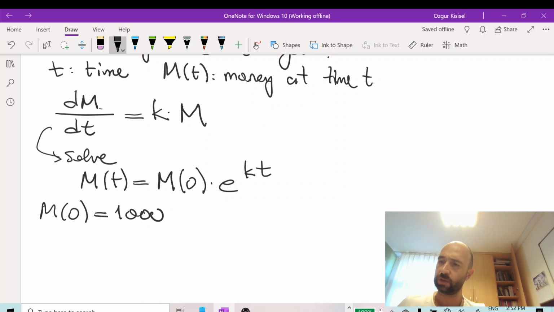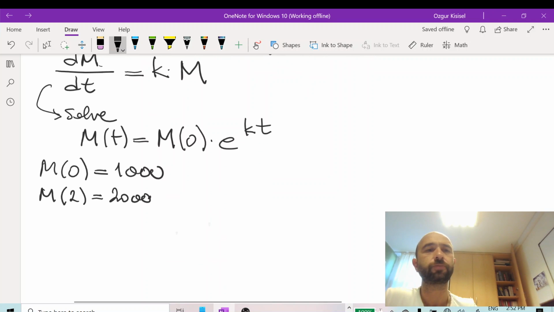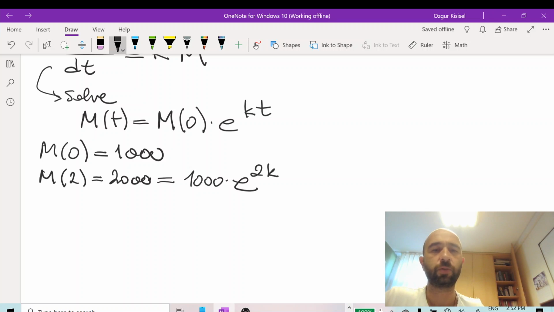Now, we were also given one more piece of information, and that was m2 equals 2,000, right? Now, that should be equal to m0 times e to the 2k. So when t is equal to 2, that's what the right-hand side is, so we should have this equality.